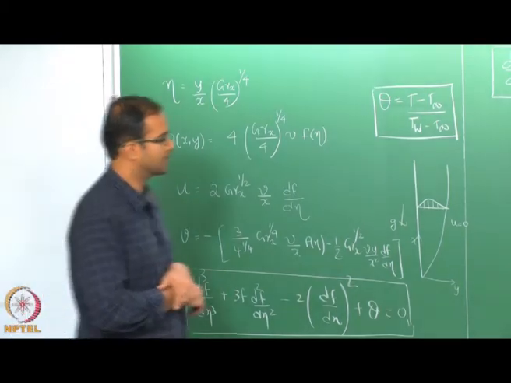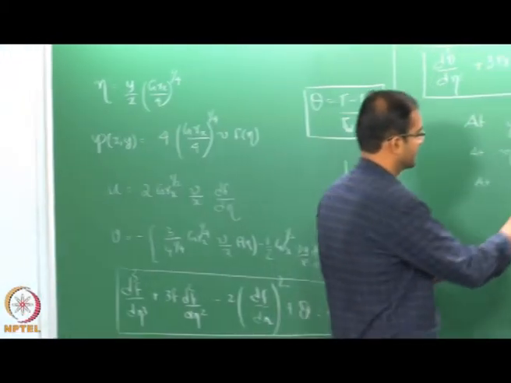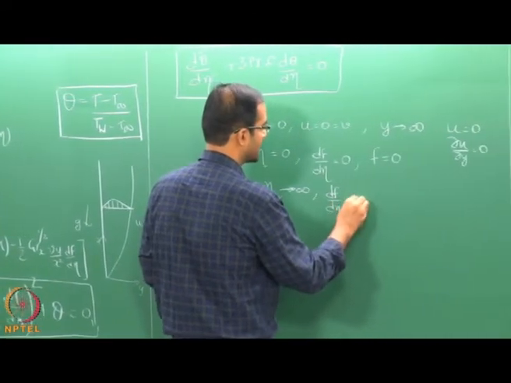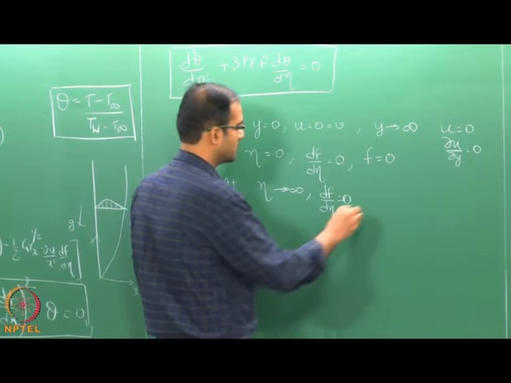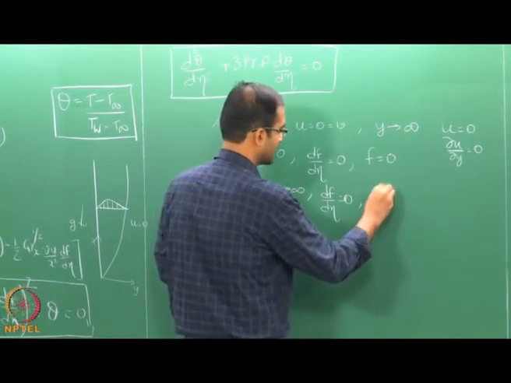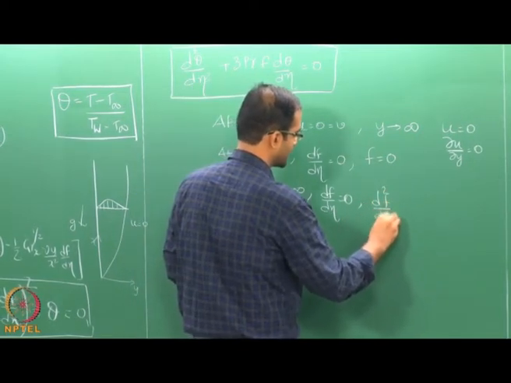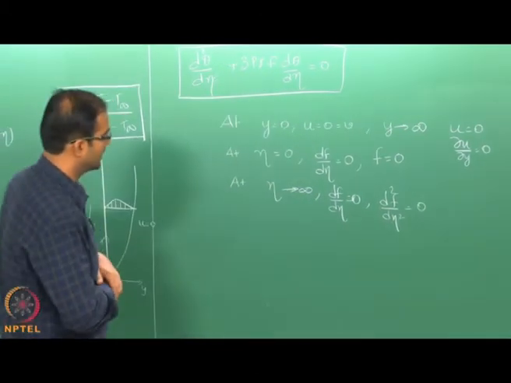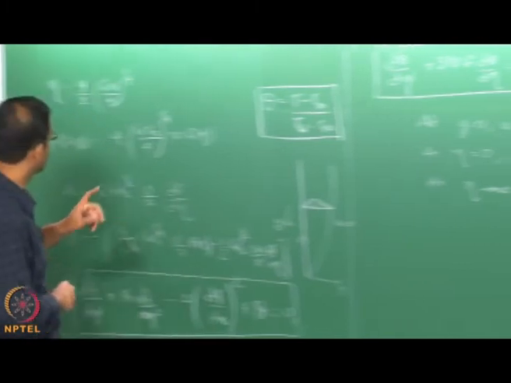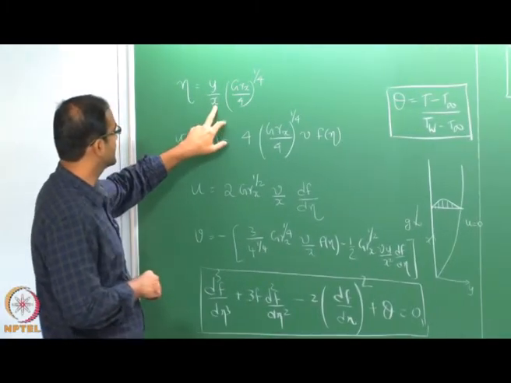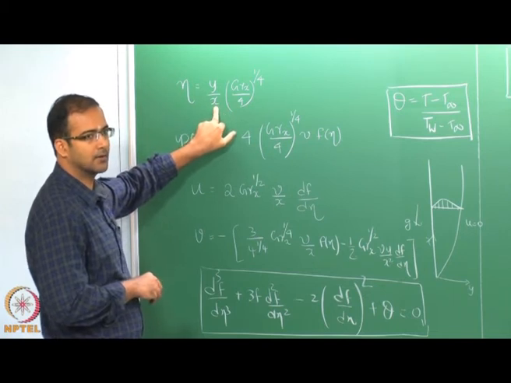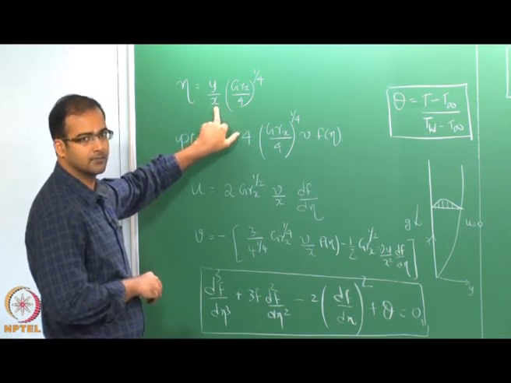df by d eta equal to 0 again. And if you put the condition du by dy equal to 0, d square f by d eta square equal to 0. Okay. So, now we should also remember that the condition at x equal to 0 is also part of eta going to infinity, correct.